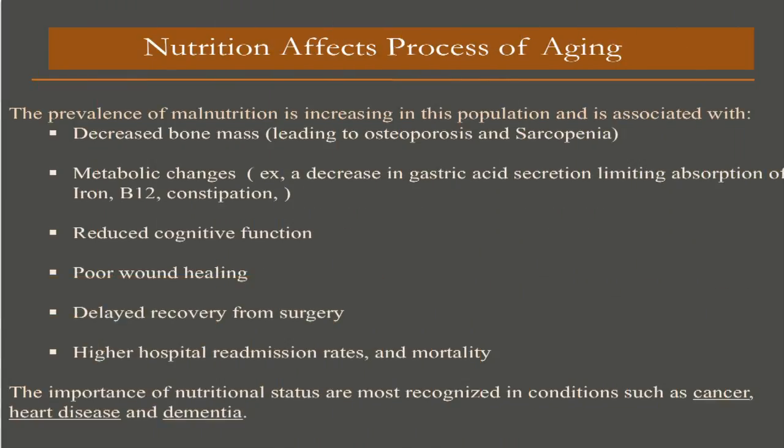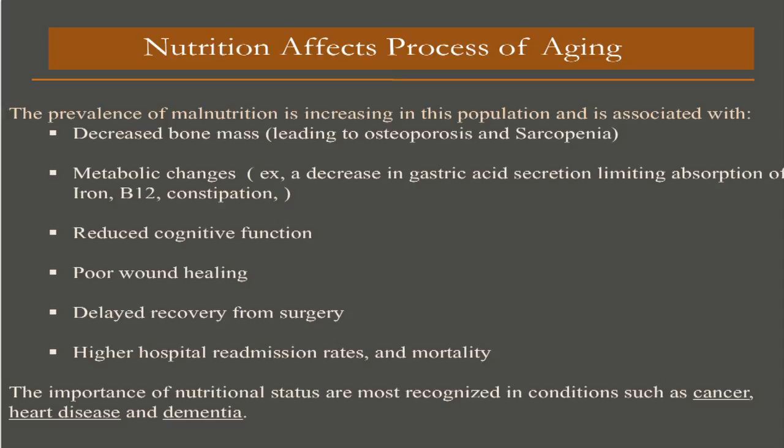As it was mentioned earlier, malnutrition is both a cause and a consequence of poor health. The prevalence of malnutrition is increasing in this population and is associated with decreased bone mass, leading to osteoporosis and sarcopenia.